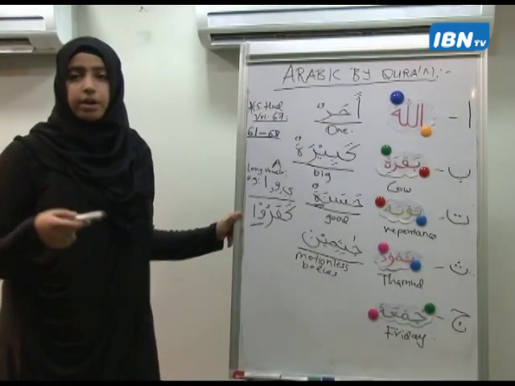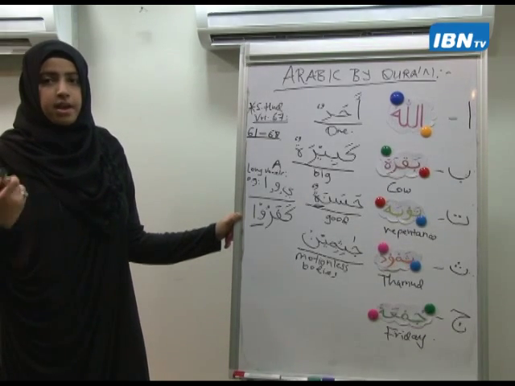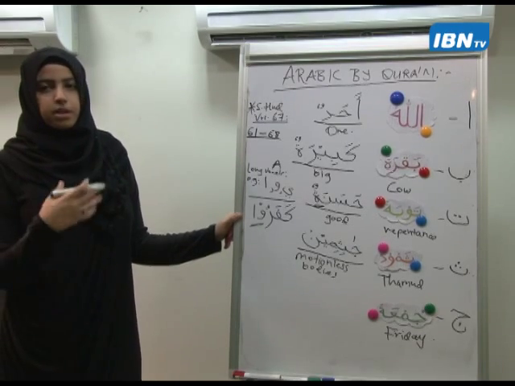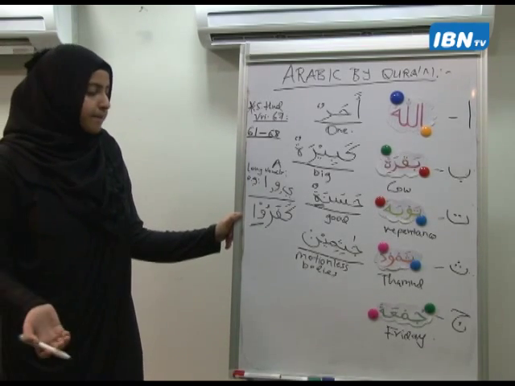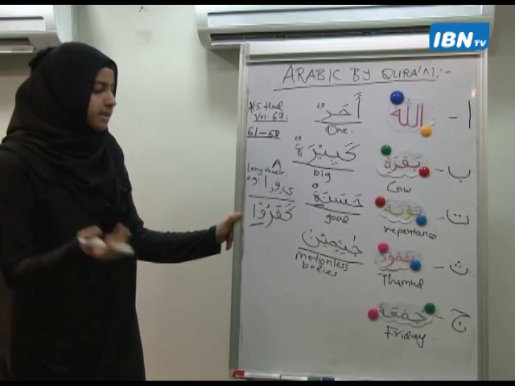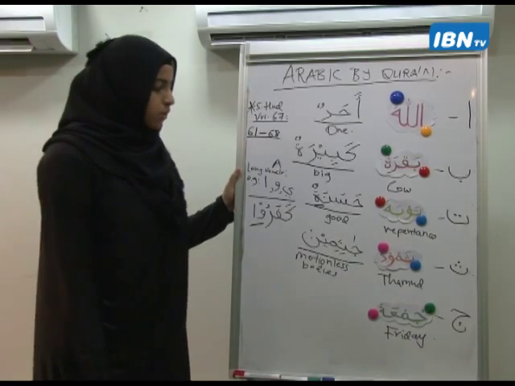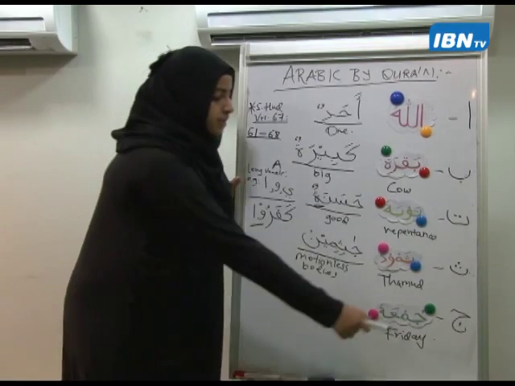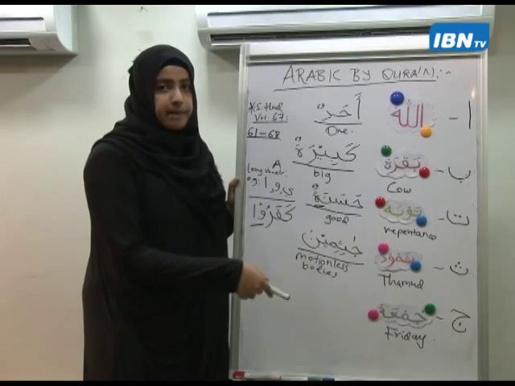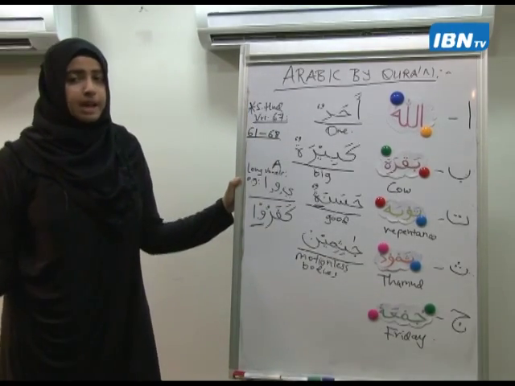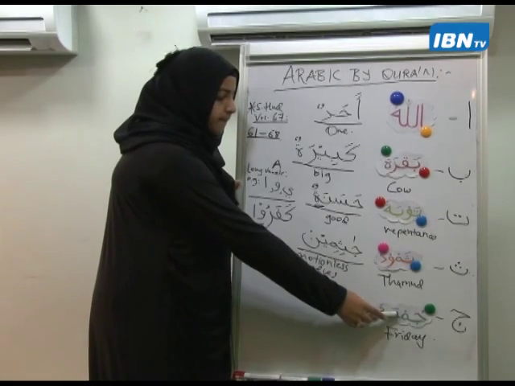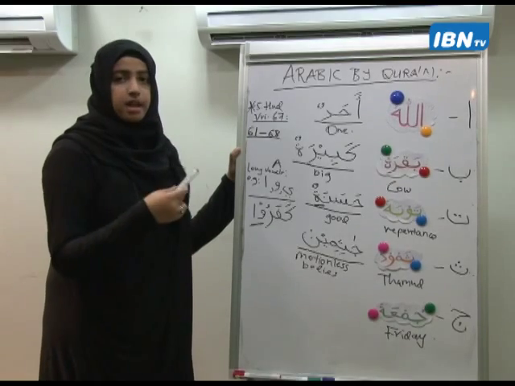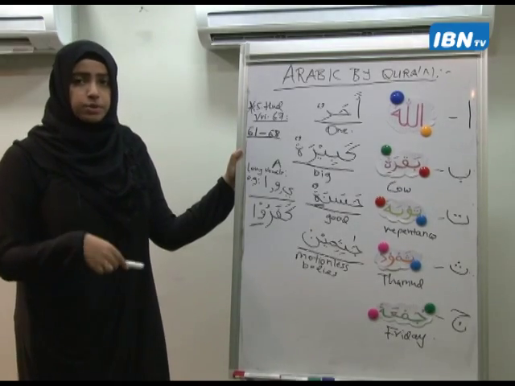The last word we have is Jum'atun. Jum'atun means Friday. And Friday is a happy day. We said Jum'a Yawmul Eid, it is a happy day. So what is happy in Arabic? We say happy is farihatun. And why did I say farihatun and not farihun? Because Jum'atun ends with a ta marbuta. So the first thing while formulating a sentence, look at the word. Ta marbuta here means it is feminine, so the adjective will also be feminine.